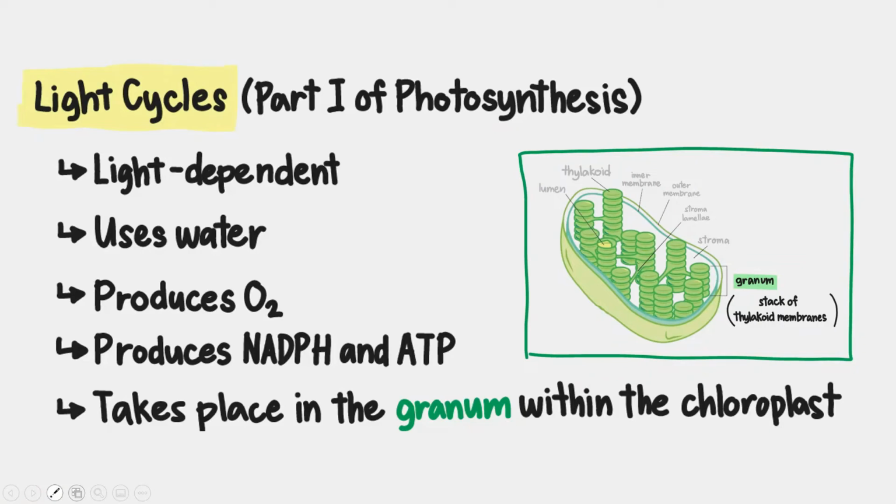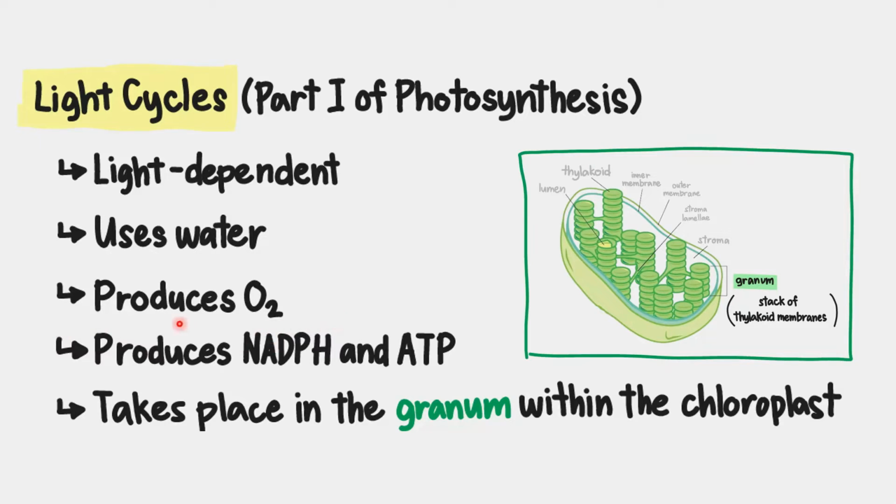So I am Meros Arce, and I will discuss to you part 1 of photosynthesis, which is the light cycle. Obviously, as its name says, the light cycle is light dependent and its light source is the sunlight. The light cycle also uses water, and through the oxidation of this water, it produces oxygen gas.